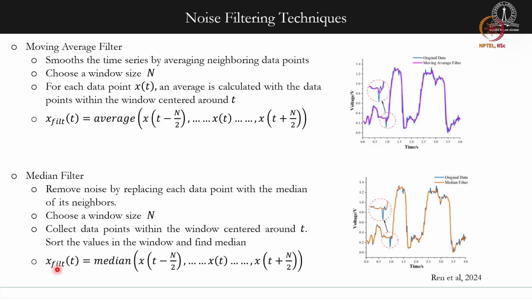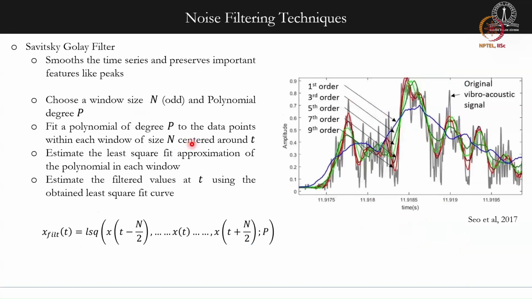Again, it does this operation over the entire data series at all points and generates a whole new series of filtered data points. So, as we can see here, these filters are very effective in removing these spurious oscillations. These oscillations get smeared out when we use the moving average filter or median filter, and that's how it tackles noise. The other commonly used filter is the Savitsky-Golay filter.